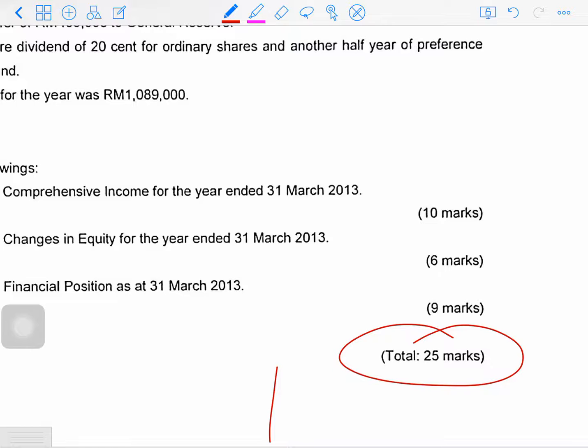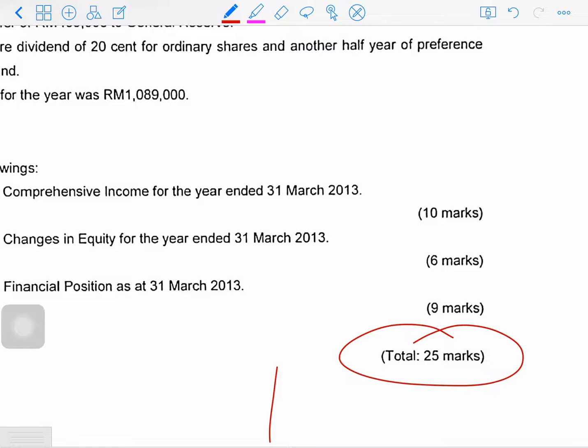The items in this statement are the items in your trial balance, so you look at your trial balance to find out what to put into the statement of comprehensive income, according to the format required by FRS, the national accounting standards.